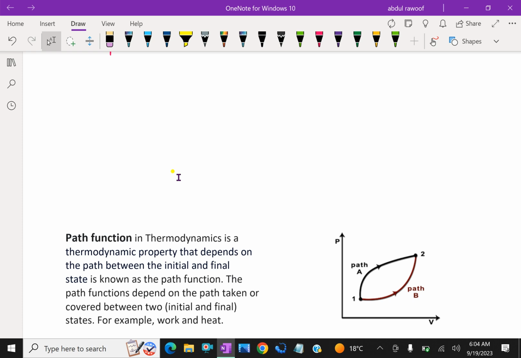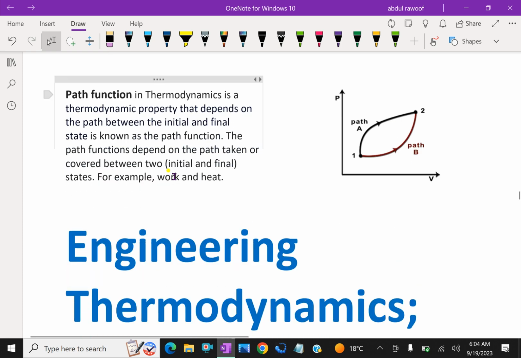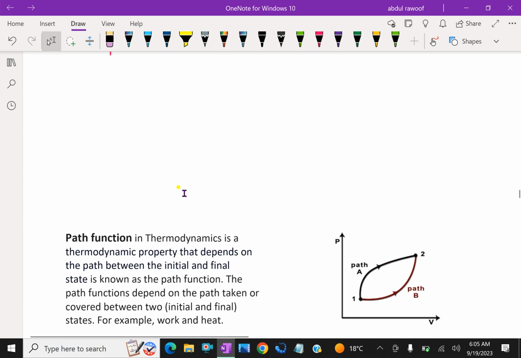Such quantities are called path functions. For example, heat, work, etc. Now, heat and work are inexact differentials. Their change cannot be written as a differential between their end states. Therefore, we can discuss this further.